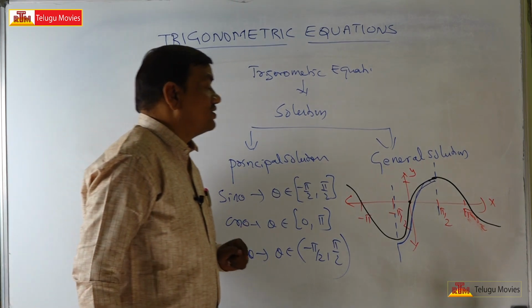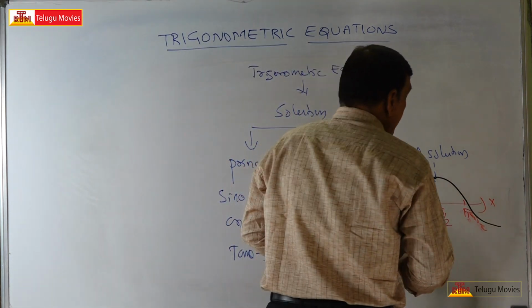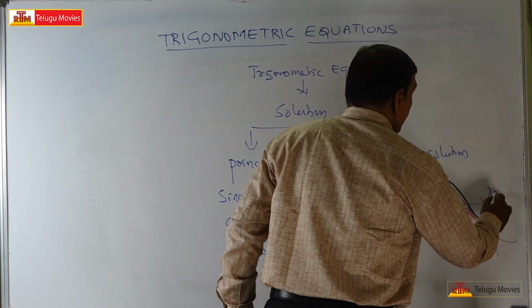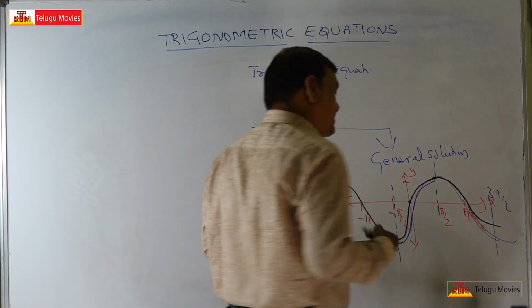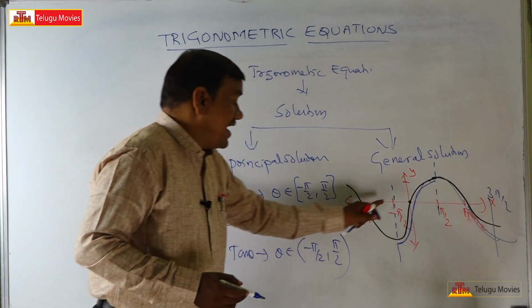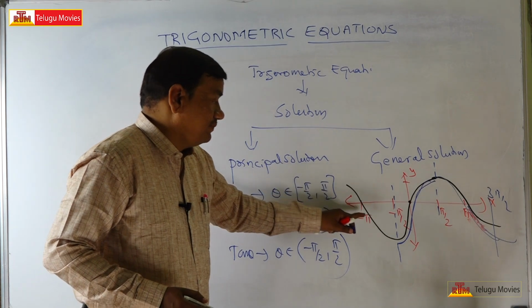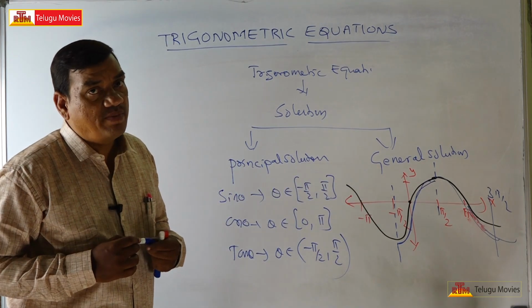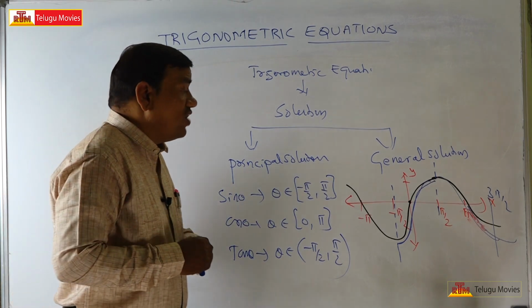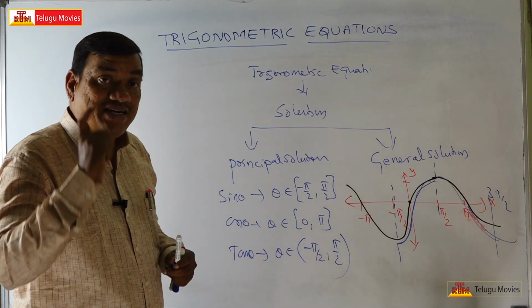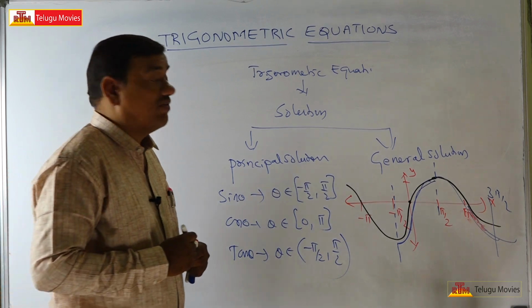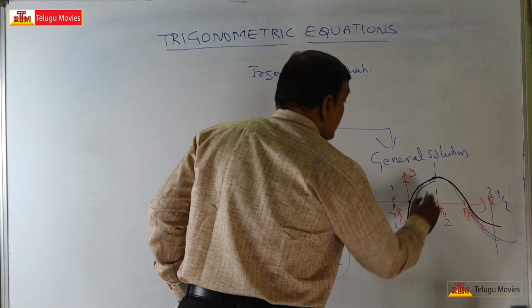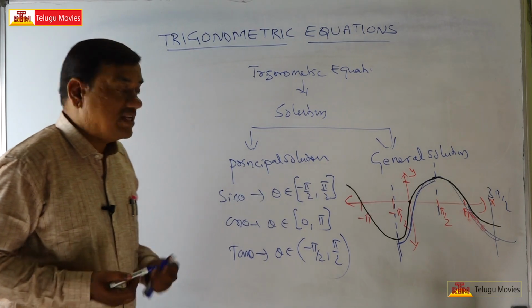You may ask one doubt, sir, from pi by 2 to 3 pi by 2 is also a bijection. Yes, it is a bijection. From minus pi by 2 to minus 2 pi, it is also a bijection. But we have to take a specific interval, and that interval is from minus pi by 2 to plus pi by 2.